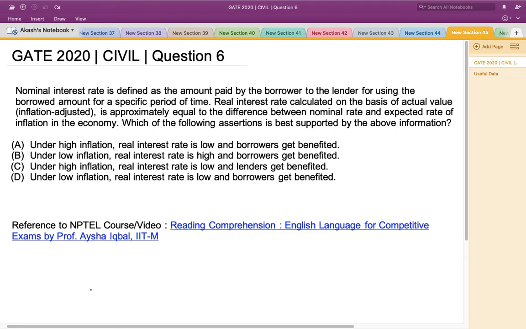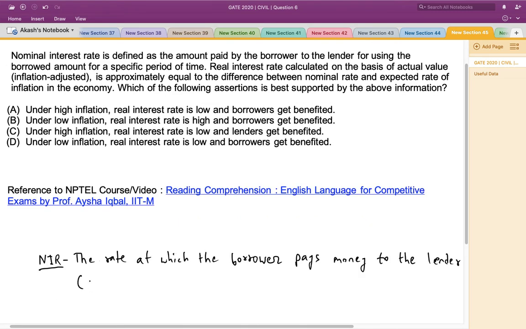The first thing given in the question is the nominal interest rate, which is the rate of interest at which the borrower pays money to the lender. Also here, the inflation is not considered. Now, we have also been given the real interest rate, which is the rate at which the borrower pays the money to the lender, but here the inflation is considered.